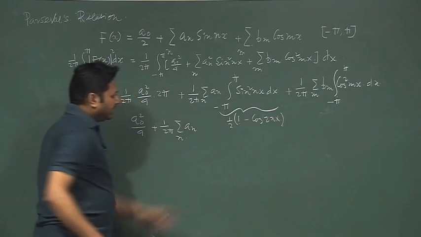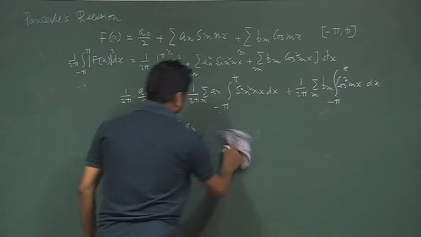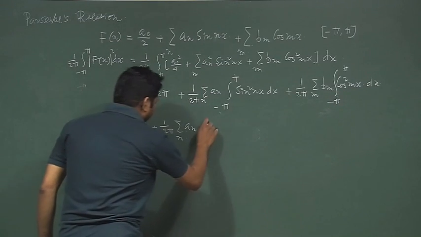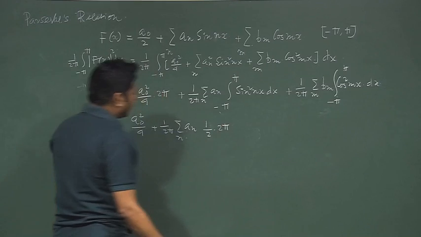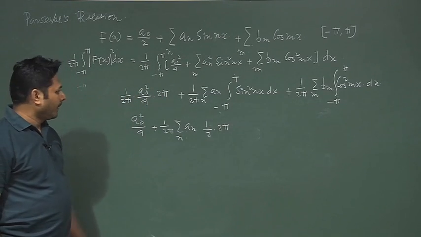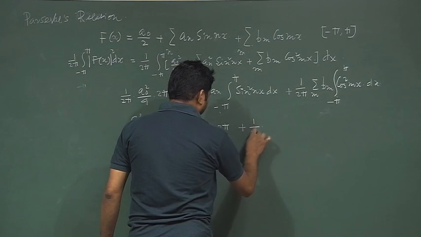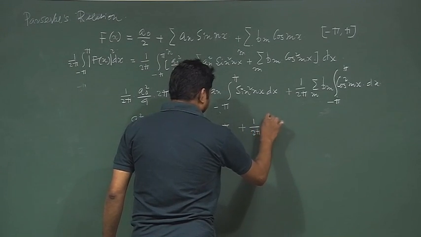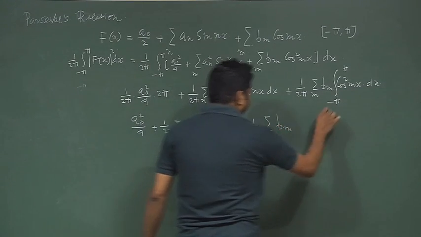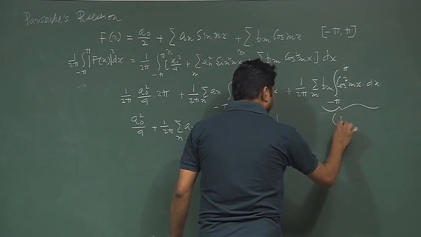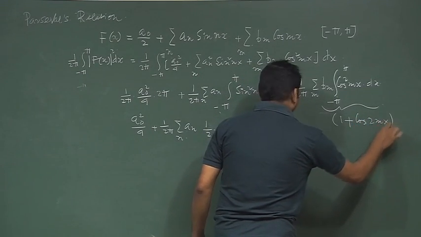So, the integration of these things will finally be simply half of 2 pi. What about the last term? Exactly the same thing. In the integration of this quantity, I will replace this as 1 plus cos of 2mx.